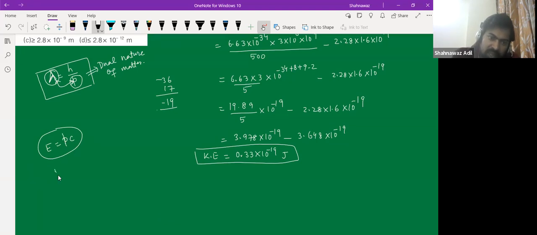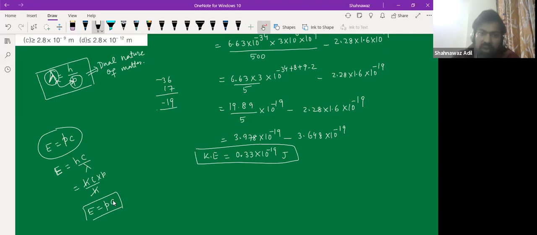So we know that for photons, E is hc by lambda, and this lambda is h by p. This is applicable for photons, because photons have the velocity of light.